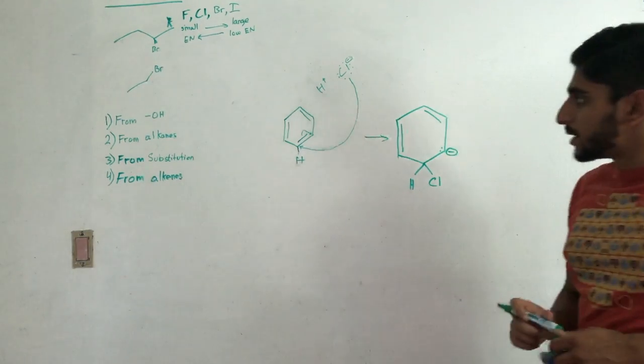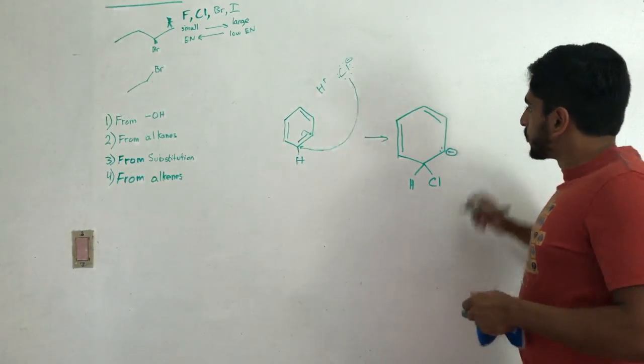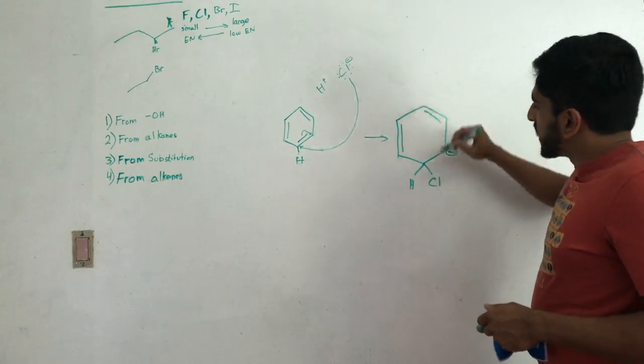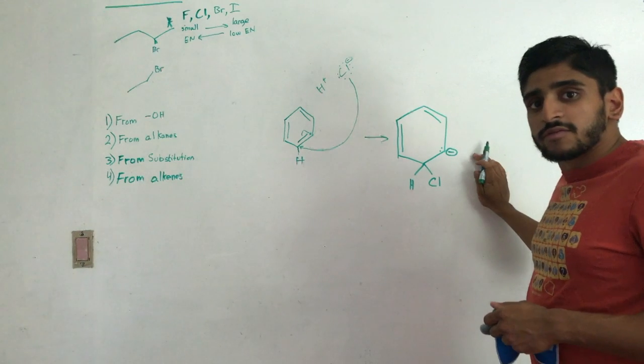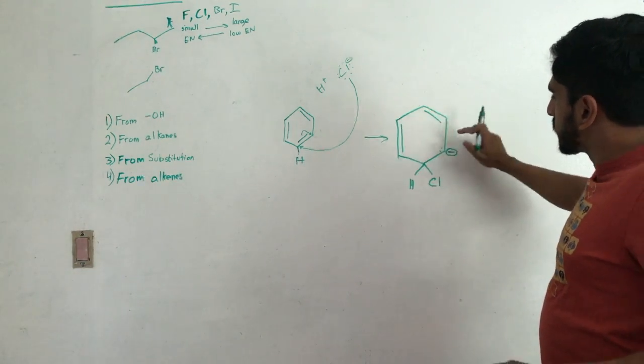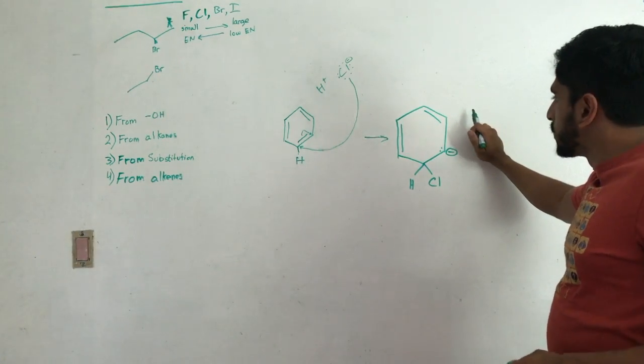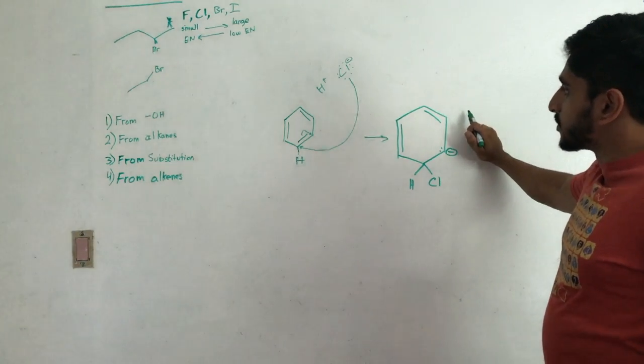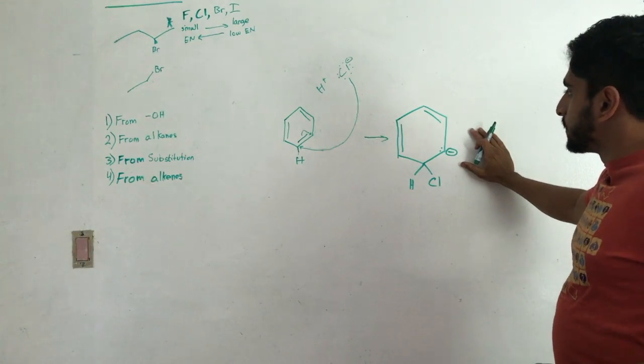Okay, so now you have this ring. Now notice that this ring is not aromatic because not every carbon in here is part of the pi-conjugated system. This is now sp3 hybridized, while everything else is still sp2. So this is the first step, which is the breaking of aromaticity.